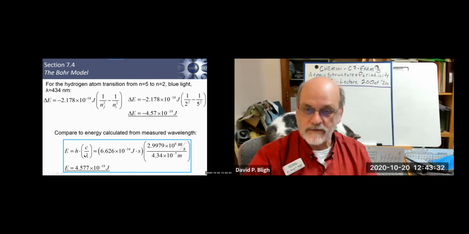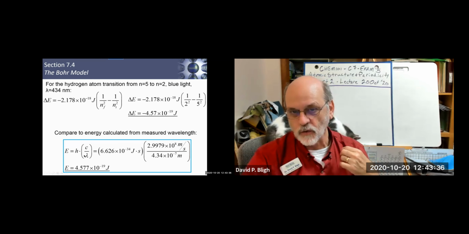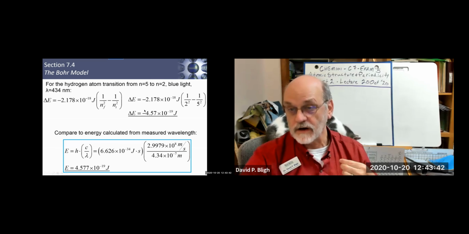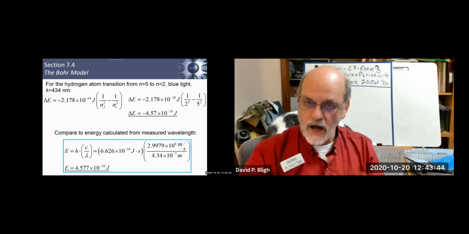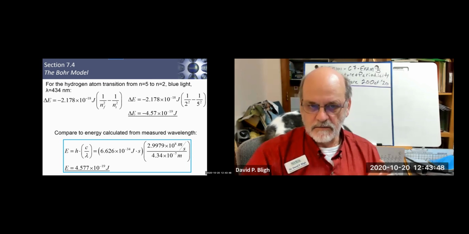So we converted the wavelength to an energy and compared it to the calculation that we had done for the transition from 5 to 2 for the hydrogen atom, and found that they were very close to one another. So it's just confirmation that this Bohr formula works.